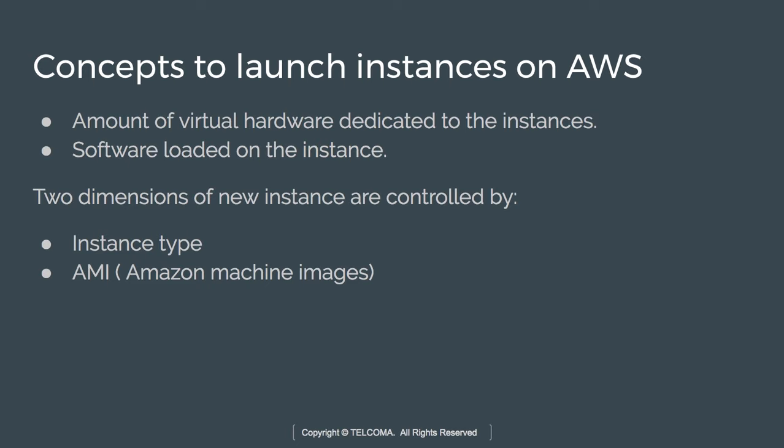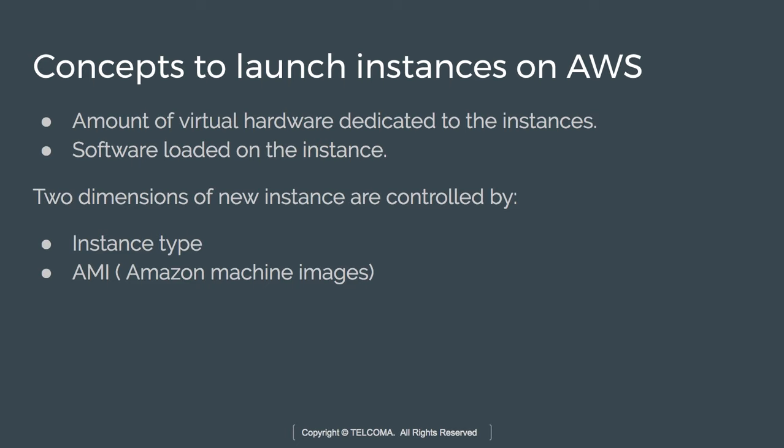There are two concepts that are key for launching instances on AWS. The very first is the amount of virtual hardware which is dedicated to the instance, and next is the software loaded on that instance. These two dimensions are controlled by instance type and AMI. Instance type defines the virtual hardware supporting Amazon EC2.